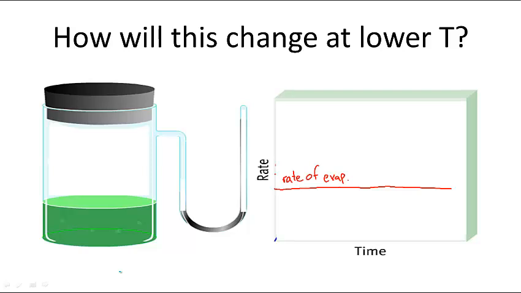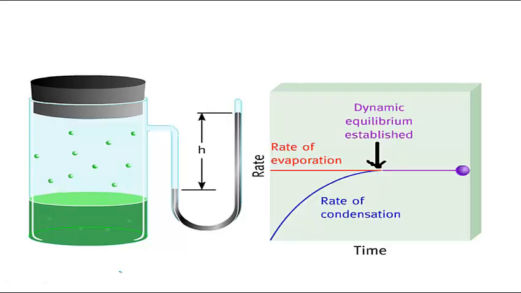The amount of time to establish equilibrium is going to depend on how long it takes for those two rates to become equal. And while I'll agree that the rate of condensation doesn't have to come up as high as it did in the previous graph, because there's going to be less vapor evaporating, it's going to be slower to gather vapor.